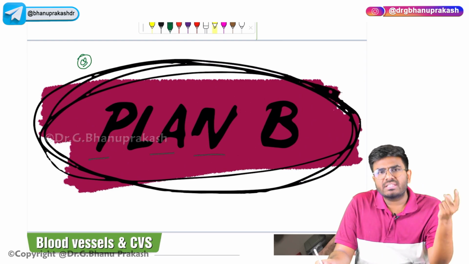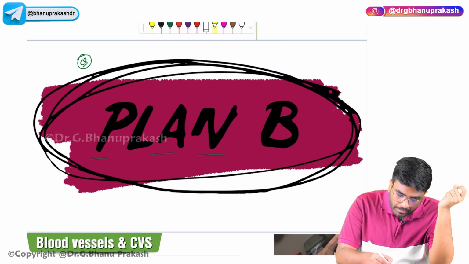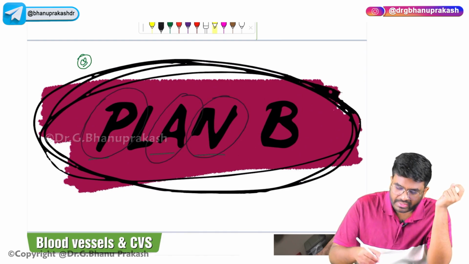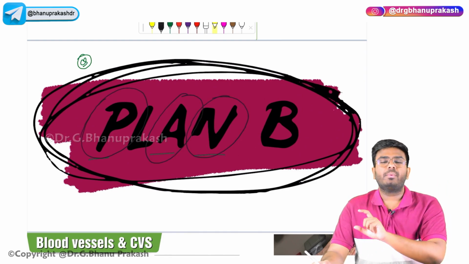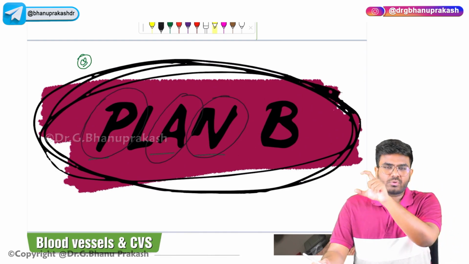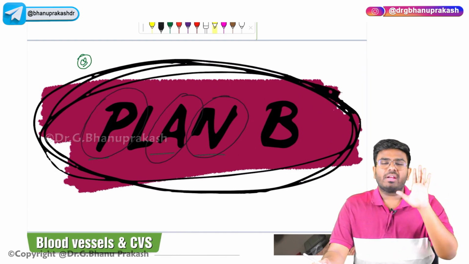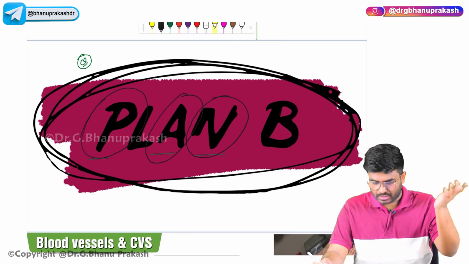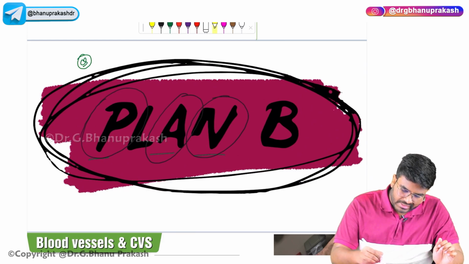Most of the arteries in the body are going to be affected, but the pulmonary artery is not affected. So Plan B, remember it as a mnemonic. What is that Plan B? Polyarteritis Nodosa is associated with hepatitis B. And what does PAN stand for? Pulmonary artery is not affected, but the other arteries in the body can be affected.